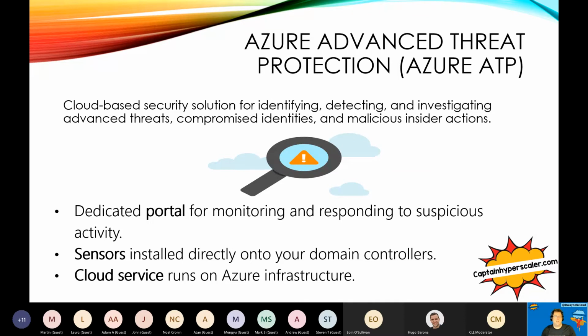There's a piece called insider risk detection that also ties into that threat protection. There's a dedicated portal for reviewing, monitoring, and responding to suspicious activity. It can also tie into a SIEM solution such as Azure Sentinel, and there are sensors that you can put on your domain controllers if you're utilizing a hybrid infrastructure.